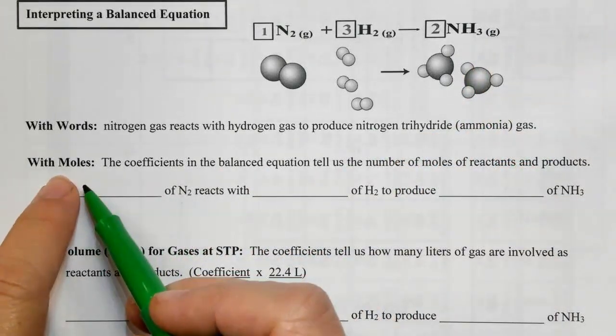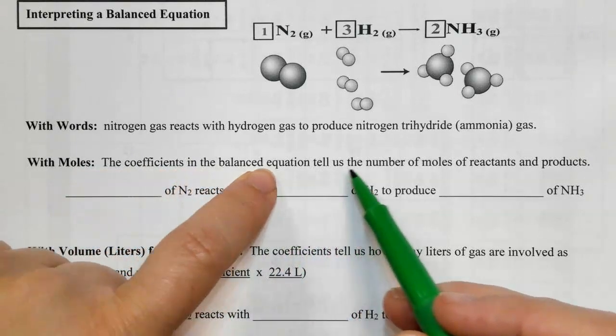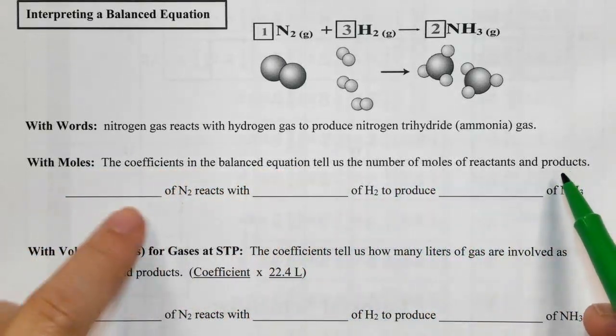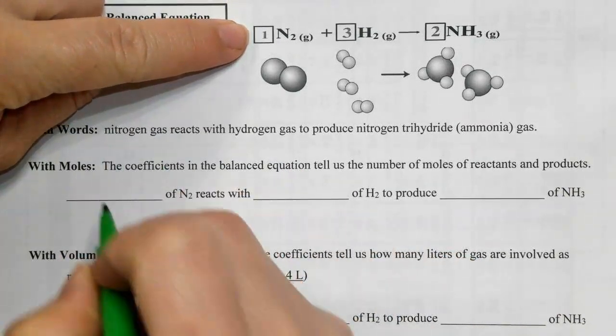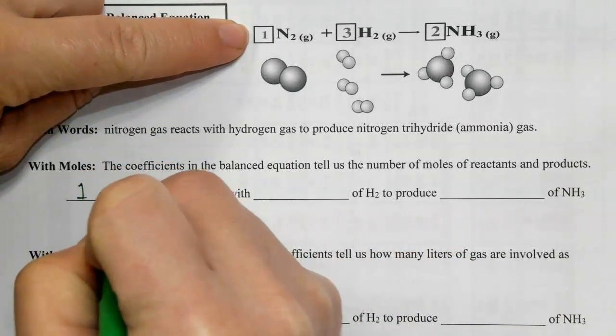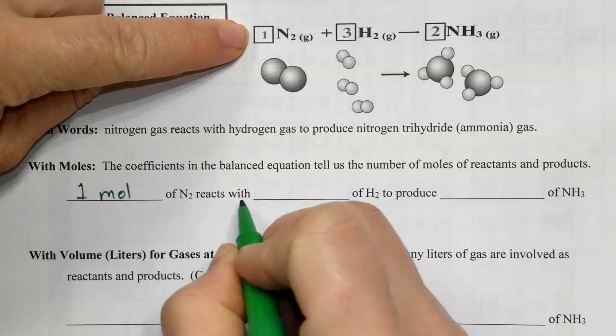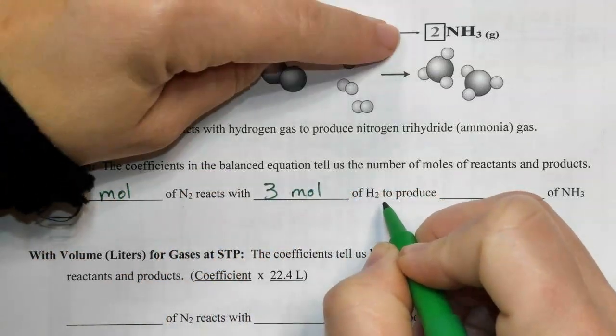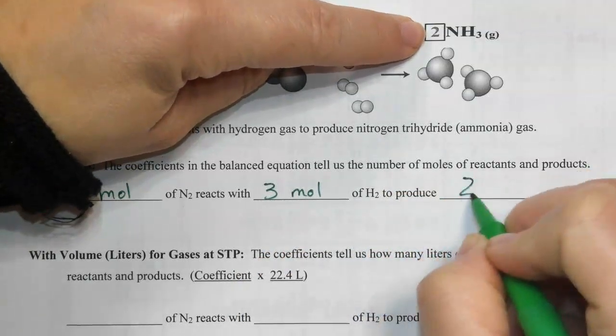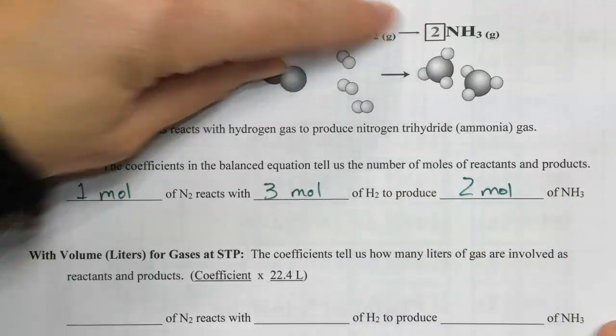So with moles, the coefficients in the balanced equation tell us the number of moles of reactants and products. Because there's a coefficient of 1 here, there is 1 mole of nitrogen, which reacts with 3 moles of hydrogen to produce 2 moles of ammonia.